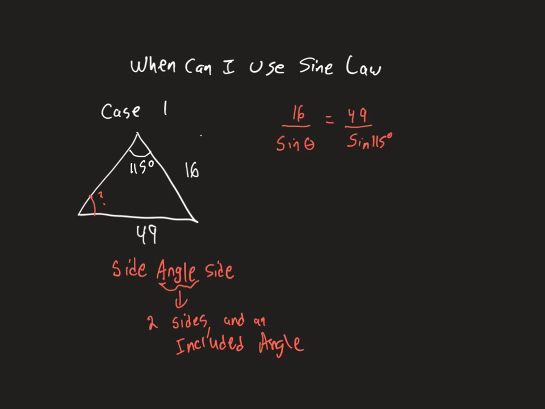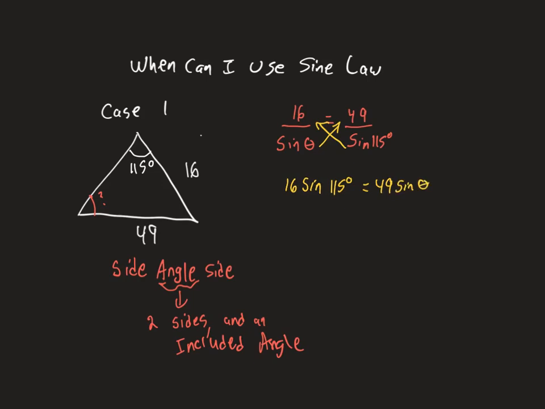Now, in this case, you're trying to solve for this theta here. So to do this, you're going to need to do cross multiplication. This needs to multiply here, this needs to multiply here, and you'll end up getting 16 sine 115 is equal to 49 sine theta.